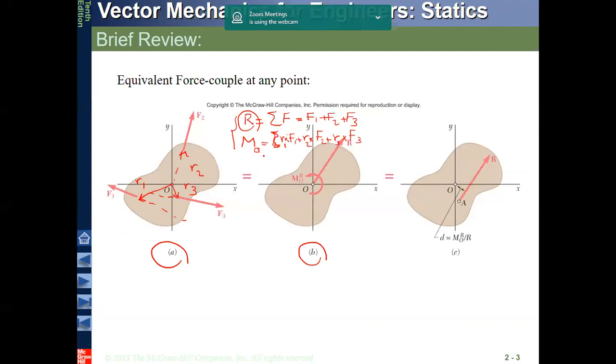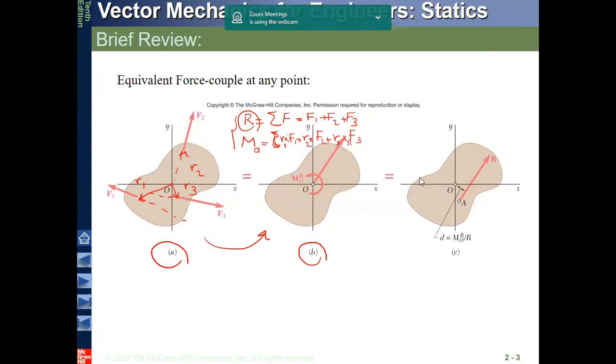So this M is not the moment of the resultant force, it's the moment of the individual forces in system A. When we go to system B, we substitute all the forces with this resultant force at point O and the moment at point O. Is that clear?